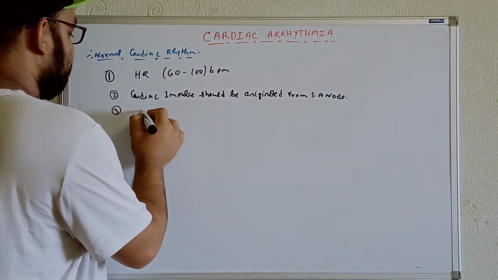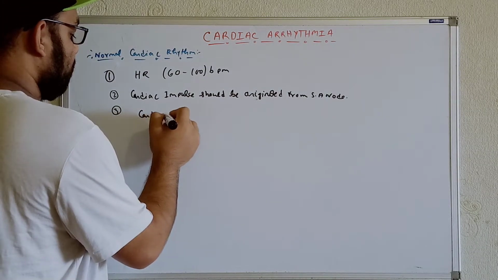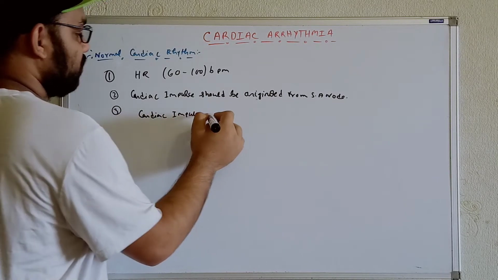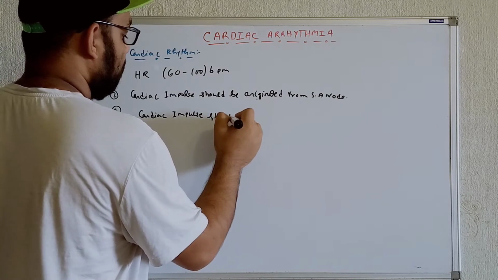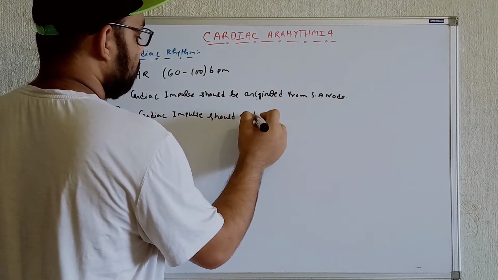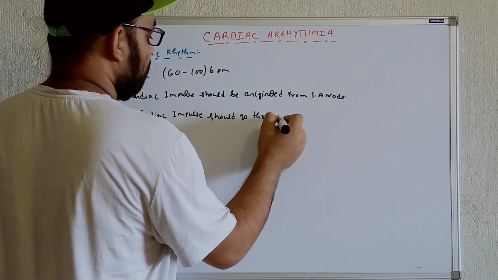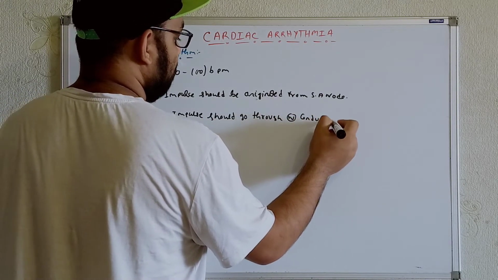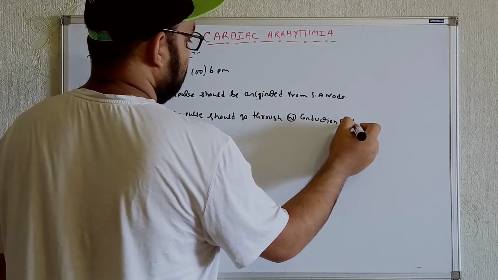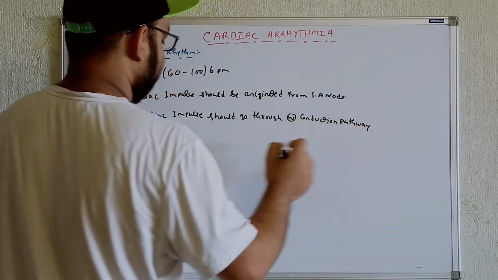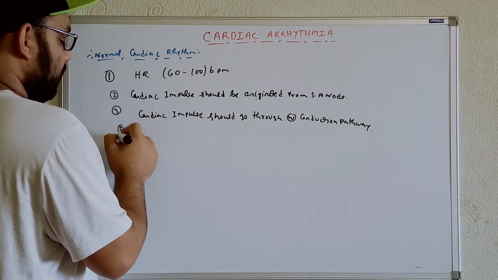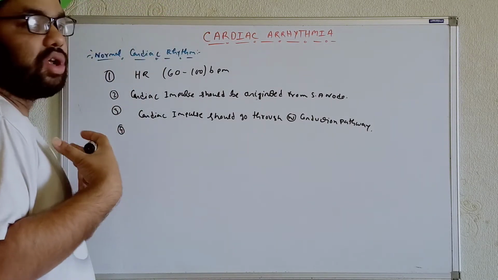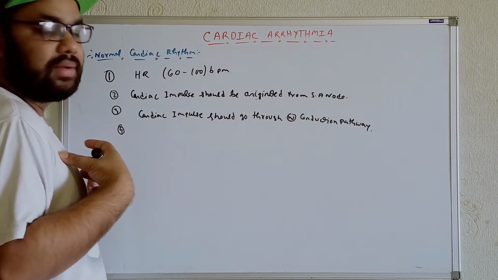Let's write it over here that the cardiac impulse should go through the normal conduction pathway. Number four, it will go under the normal velocity. The cardiac impulse should have the normal velocity through the normal conduction pathway.